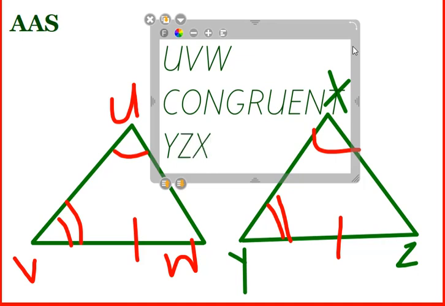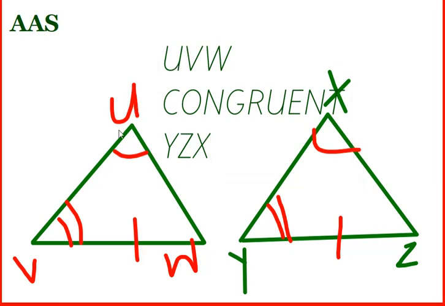It just does not work like that. Because if you have a look, U is right there. You are saying U is corresponding to Y, and that's not the case, because U has one line on its angle and Y has two lines on its angle. And you're saying V is corresponding to Z. V and Z are not the same angles, or they're not equal to each other, and W and X are also not the same with each other.